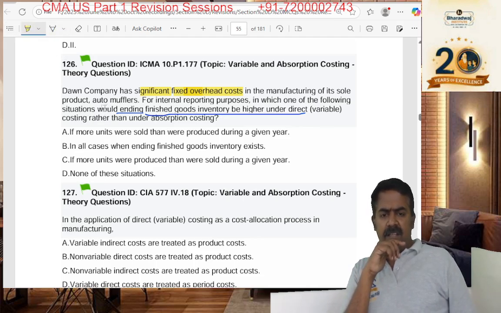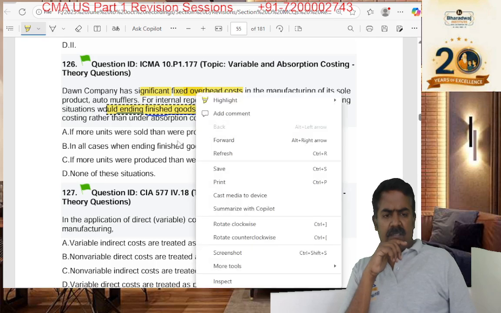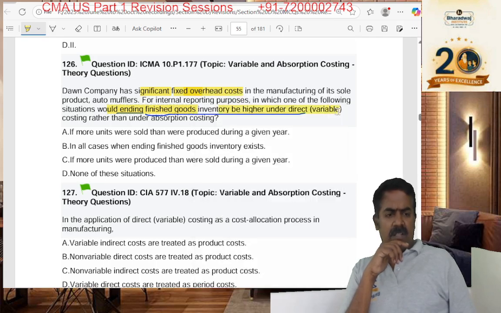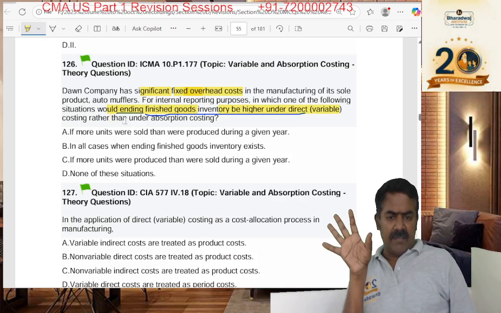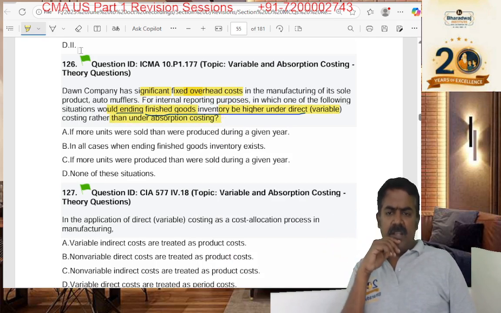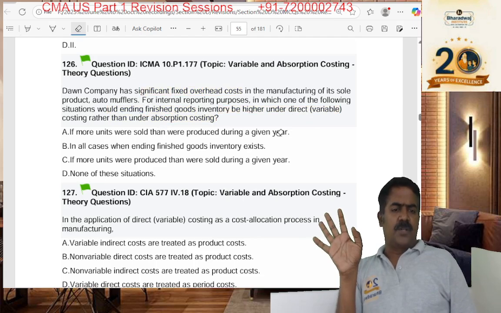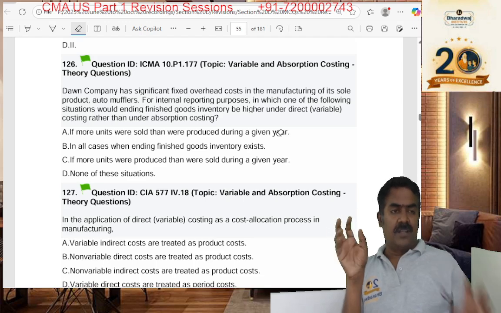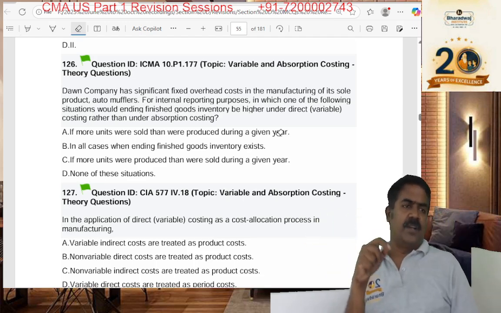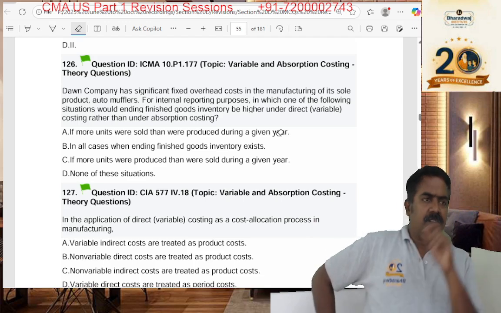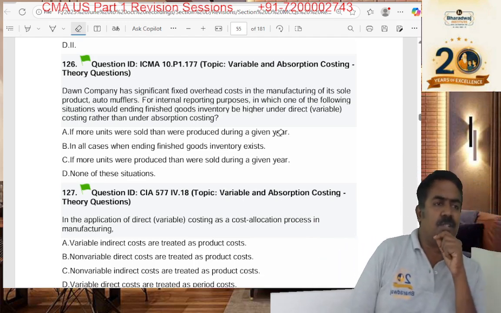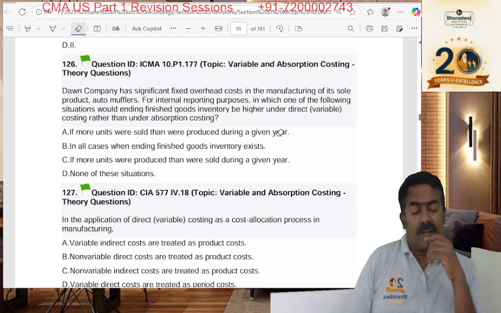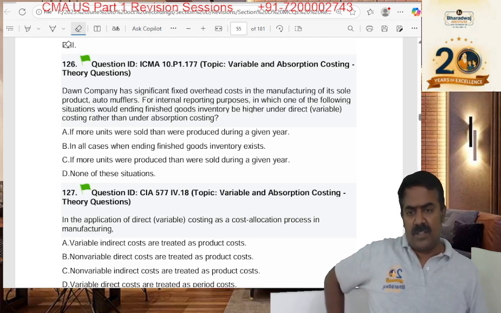See, ending inventory will never be more in marginal costing. The value of ending inventory will always be higher in which costing? Absorption costing. They don't ask you about profit. They ask you to compare and find out which one has the higher ending inventory value.